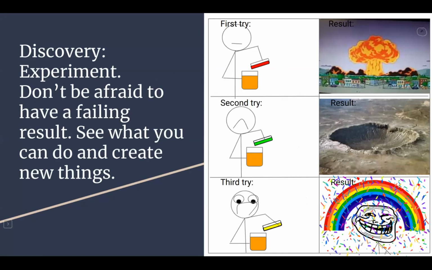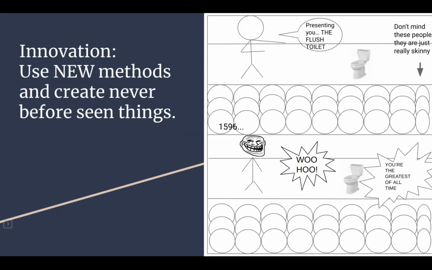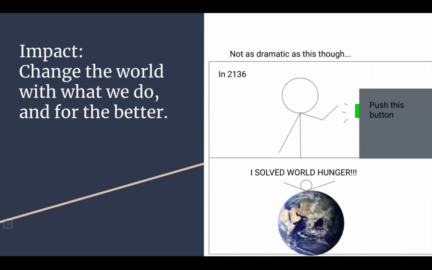Make it a learning experience. For innovation, you have to be creative and use new ways to solve your problems, not already developed ways. For impact, you have to change the world with what we do. We're not doing things to finish them, but to make the world better.